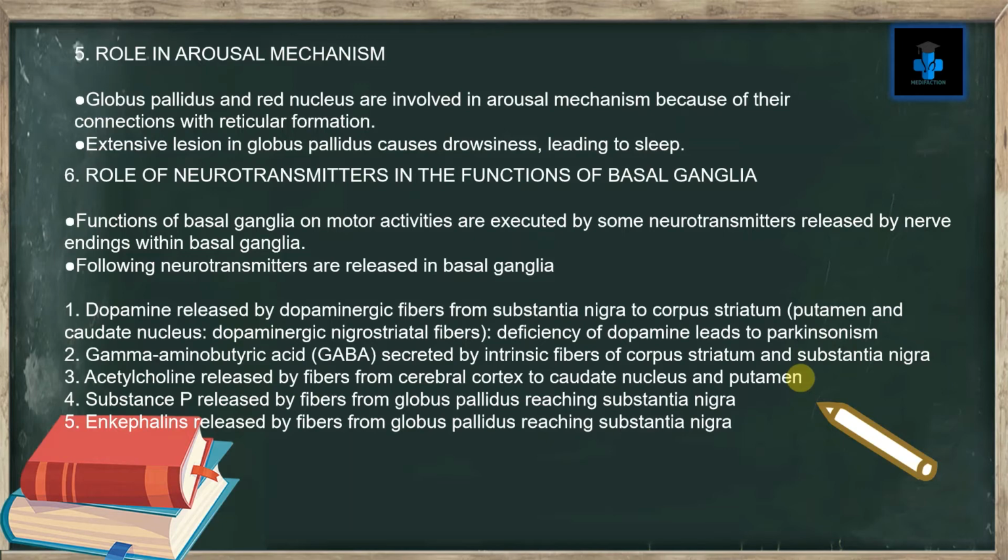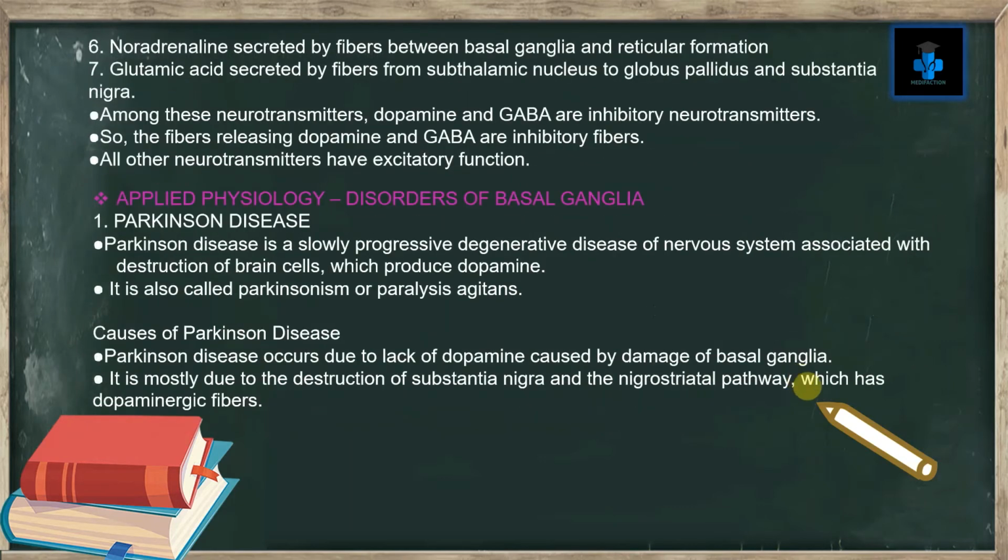Number 5, enkephalins, released by fibers from globus pallidus reaching substantia nigra. Number 6 is noradrenaline, secreted by fibers between basal ganglia and reticular formation. Number 7 is glutamic acid, secreted by fibers from subthalamic nucleus to globus pallidus and substantia nigra.